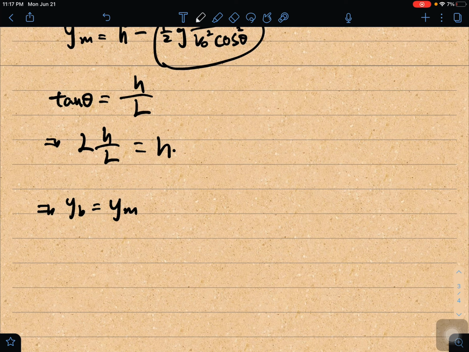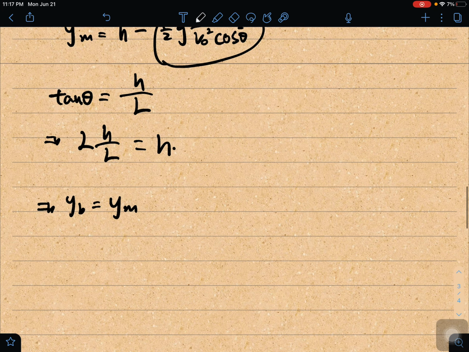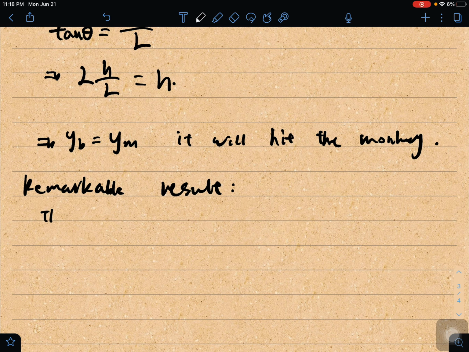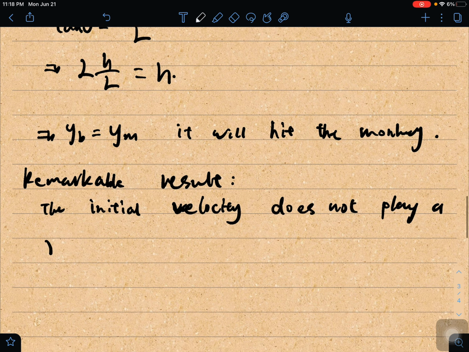So this is the vertical distance moved by the monkey, and this is the vertical distance traveled by the bullet. So it will hit the monkey. The remarkable result is that the initial velocity does not play a role.